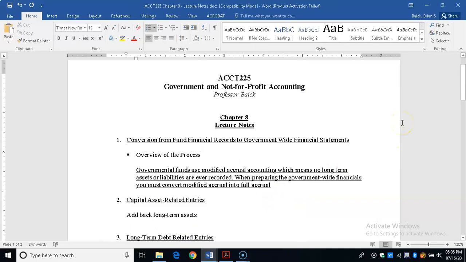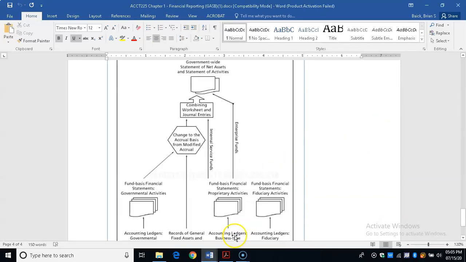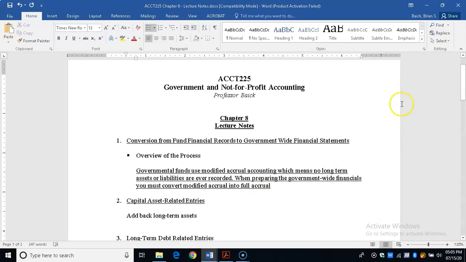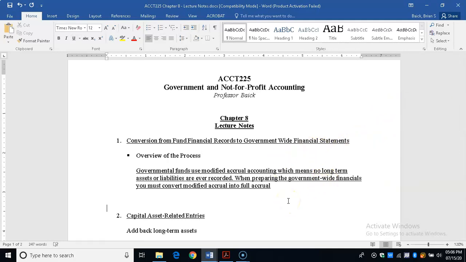Okay, so in order to do the stop sign set of steps, this is the stop sign right here, we're going to have to do a couple things. Remember, modified accrual has no long-term anything. Very important. Modified accrual has no long-term anything.